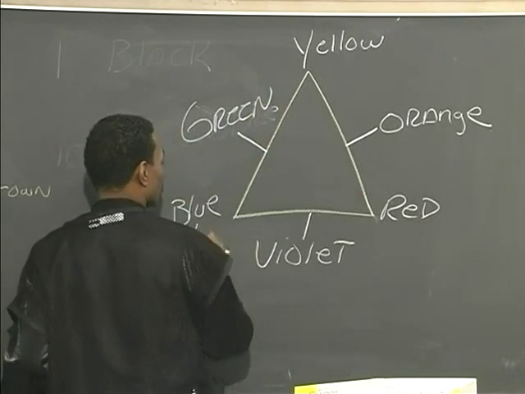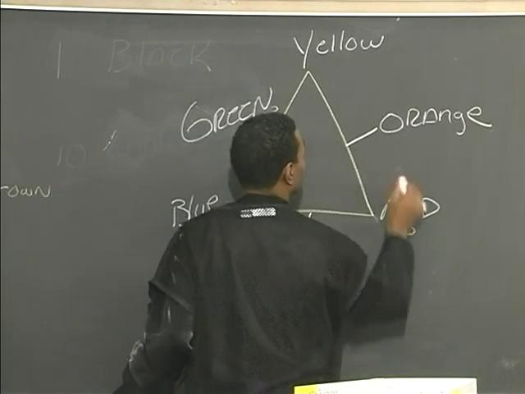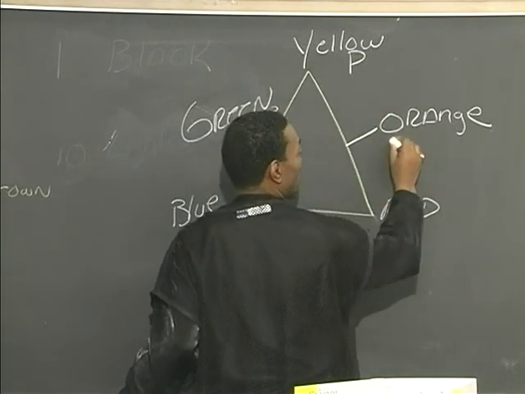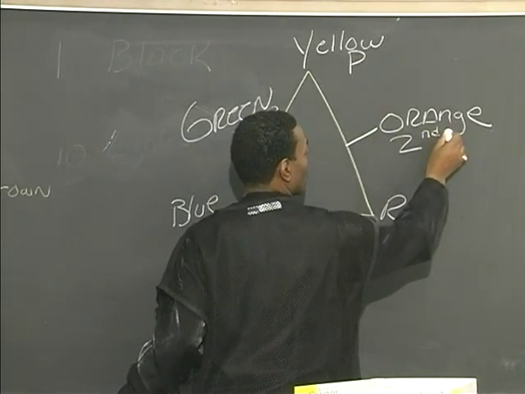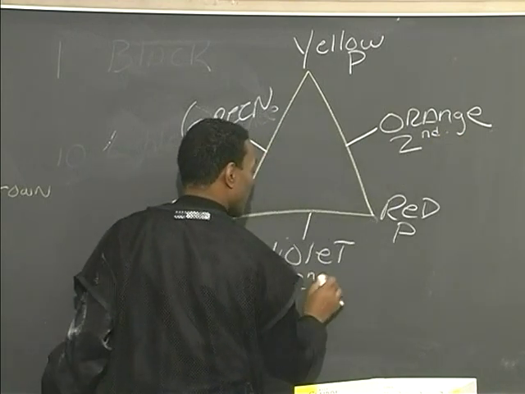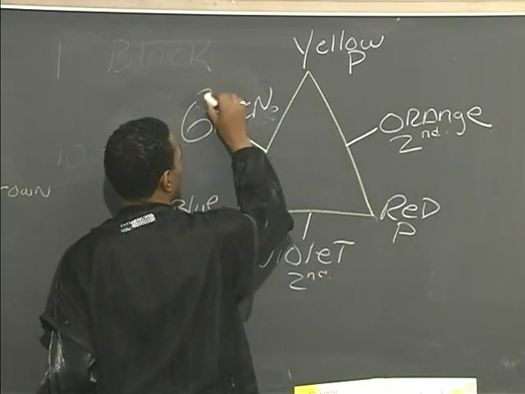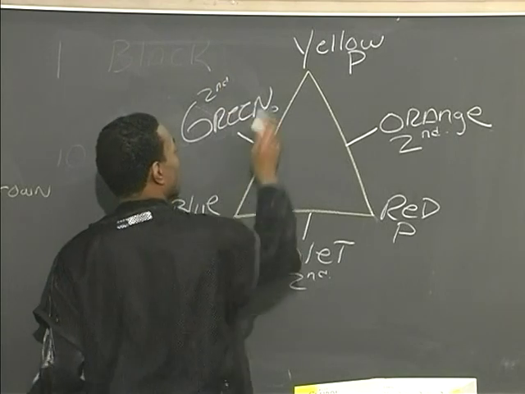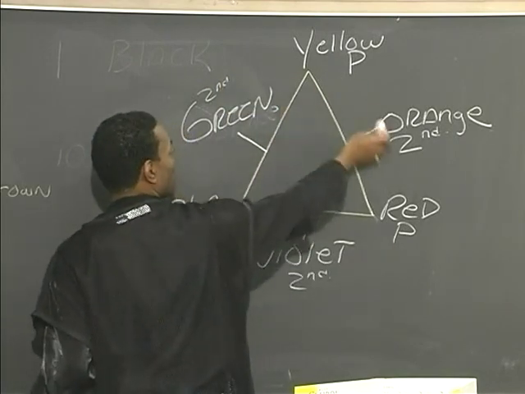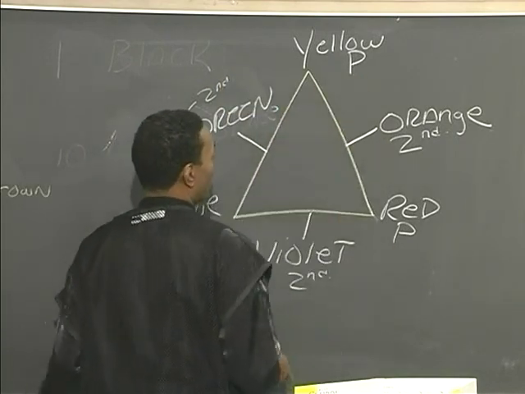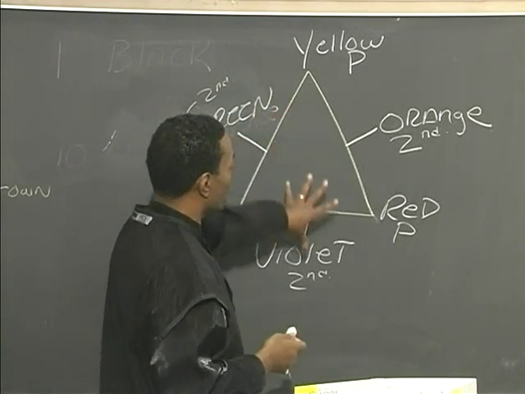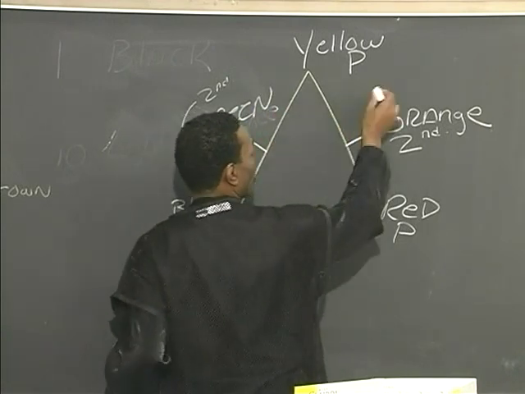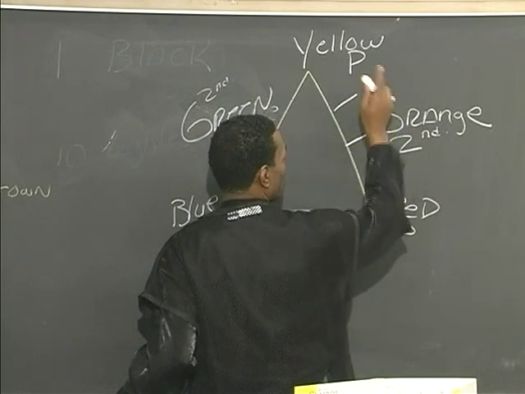Now you've got your primary colors. These are your primaries. These are your secondary colors, when you mix your primaries together. And we could go on and give you the third one, when you mix a primary and a secondary. But for right now, let's talk about these here. Of course, right here you would have yellow, orange.